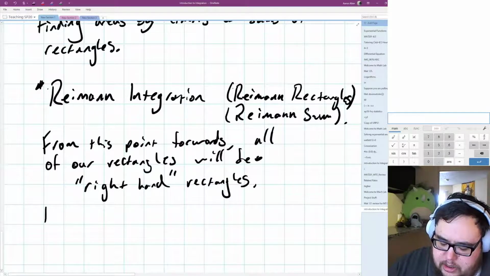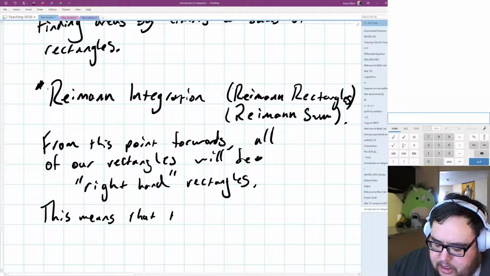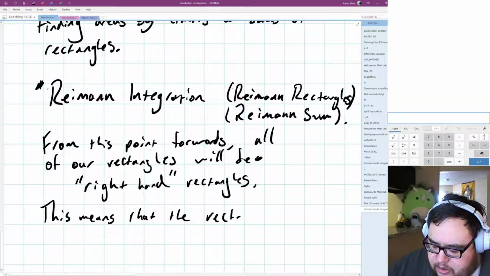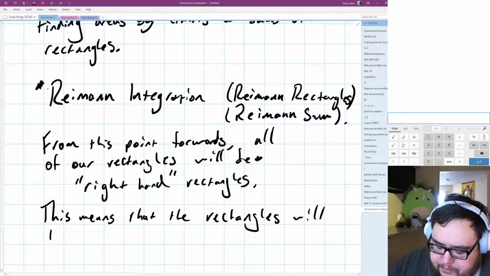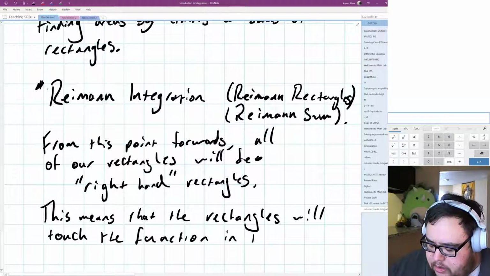This means that the rectangles will touch the curve in their right hand corner.